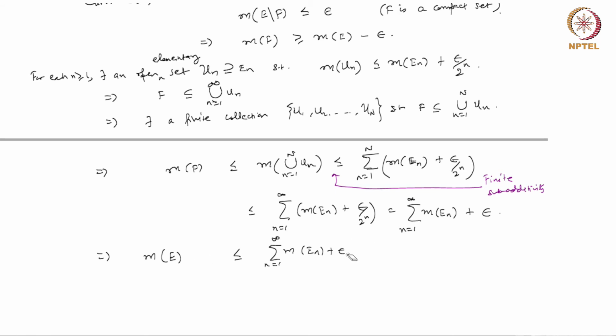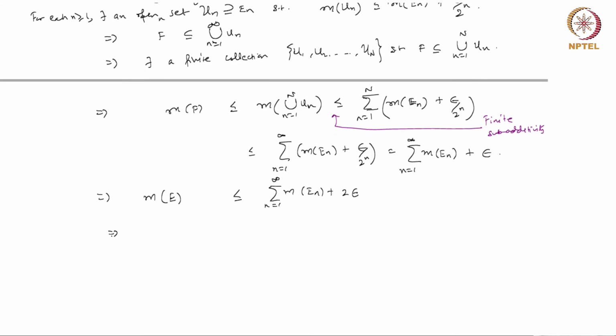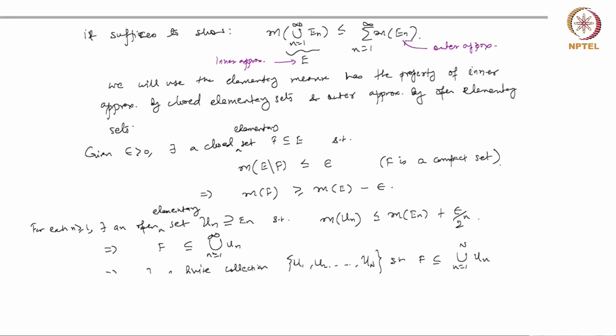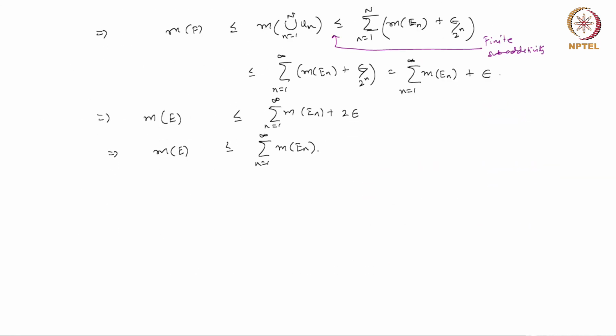So this minus epsilon can be taken on the right side, so you get plus 2 epsilon. Nevertheless, you get the inequality that you want. So we have shown this inequality, and we have proved in fact that for a disjoint collection of elementary sets whose union is again elementary, the pre-measure condition is valid.